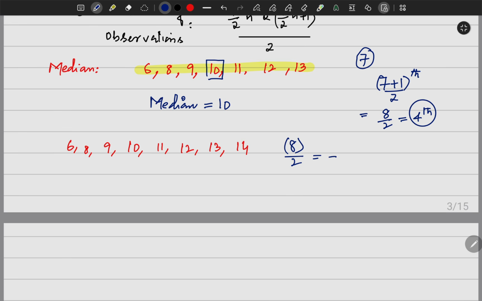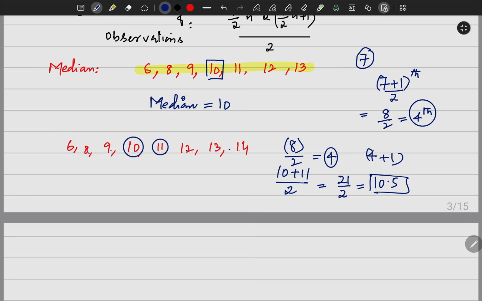So 8 divided by 2 is 4, and the next is the fifth one. So this is our fourth one. We have 10 plus 11 divided by 2, that's 21 divided by 2. So 10.5 is the median of this data.